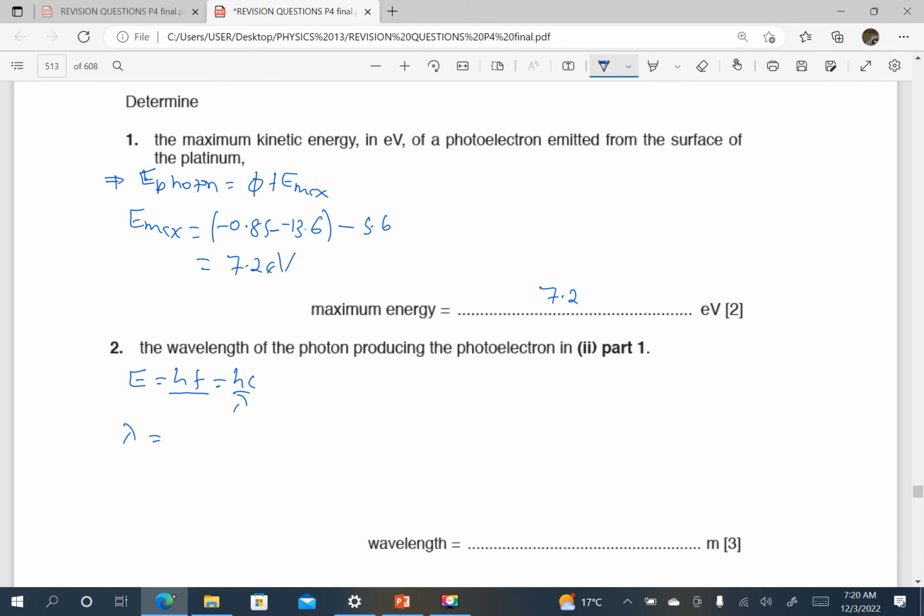So the wavelength is going to be h, which is 6.63 times 10 to the power negative 34, times c, which is 3 times 10 to the power 8, divided by the energy, which is the change in energy, negative 0.85 minus negative 13.6. Remember, this is in electron volts, so I multiply by 1.6 times 10 to the power negative 19. I've changed this from electron volts to joules.